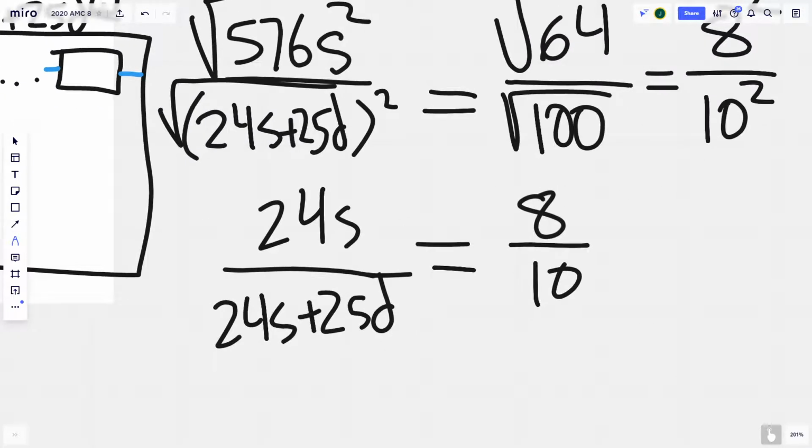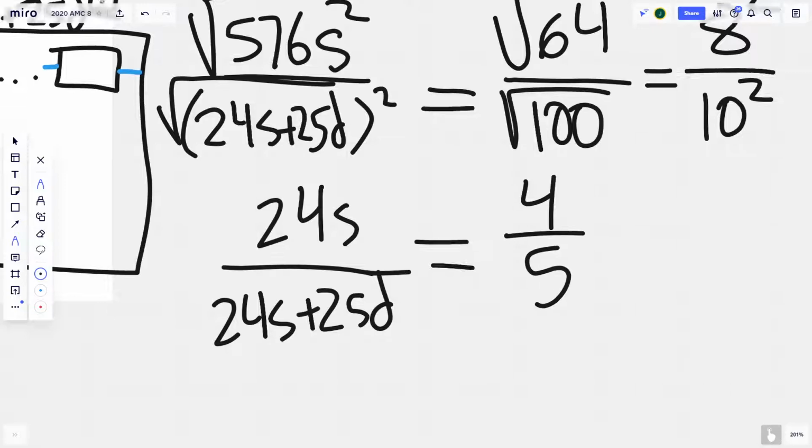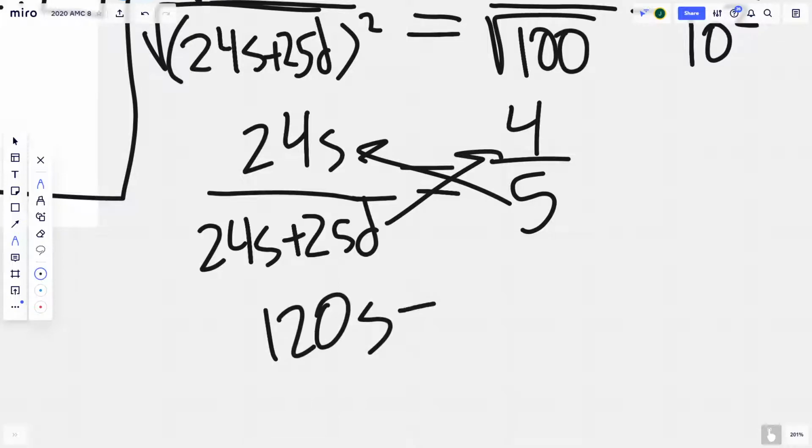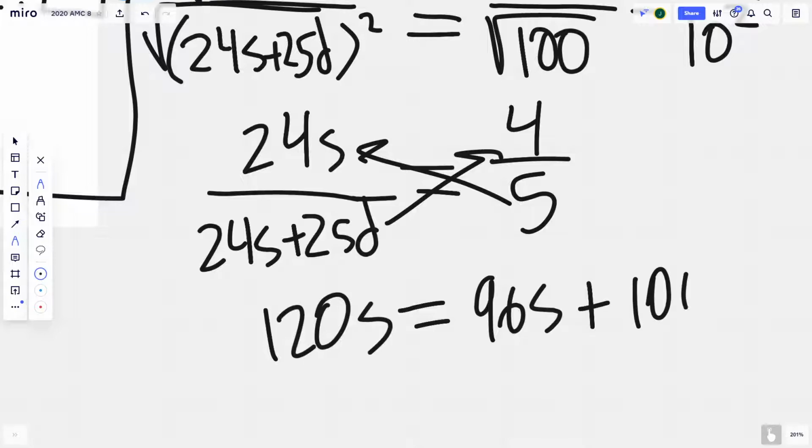From here, we can simplify 8 over 10 to be 4 over 5. So now we can keep solving for s and d. Cross multiplying, we get that 120s is equal to 96s plus 100d.